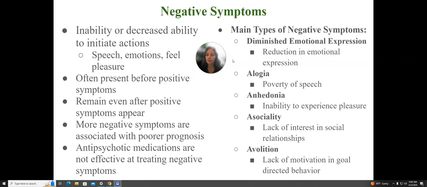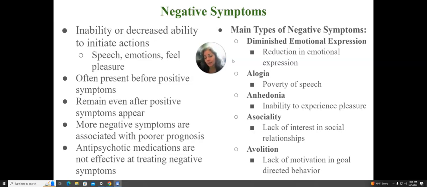Some of the main types of negative symptoms that we see: a reduction or absence of emotional expression. They may not even express happiness, joy, even sadness. They can almost feel like they're completely disconnected. Alogia is the poverty, reduction, or absence of speech.